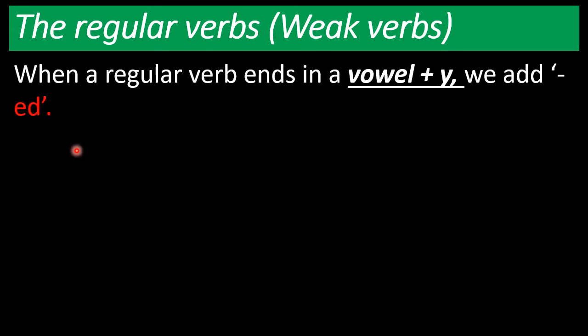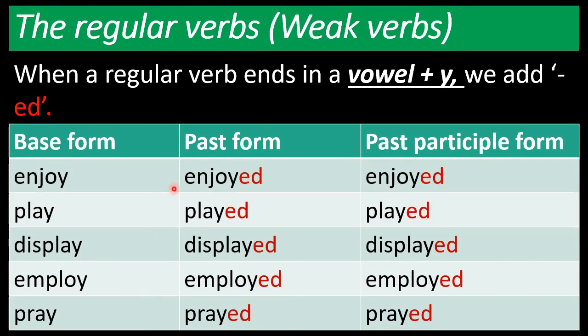Let's move on. Next rule: when a regular verb ends in a vowel plus y, we add only ed. The example: enjoy. It ends with y, and before it we find a vowel, so we have added ed.